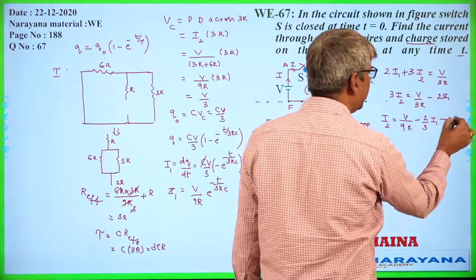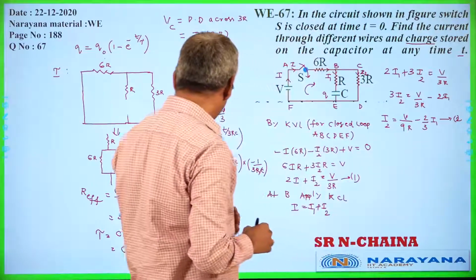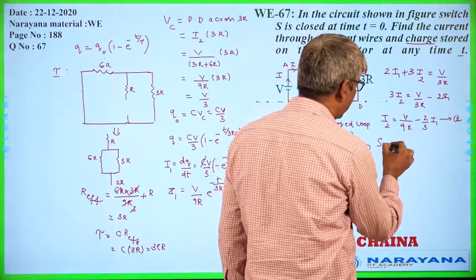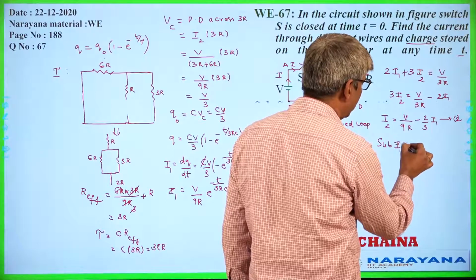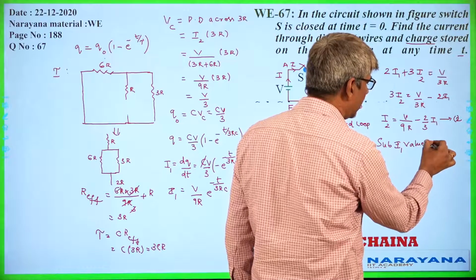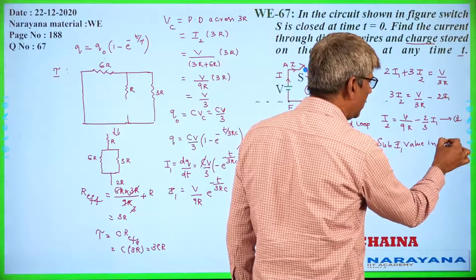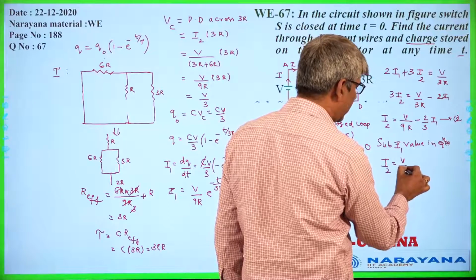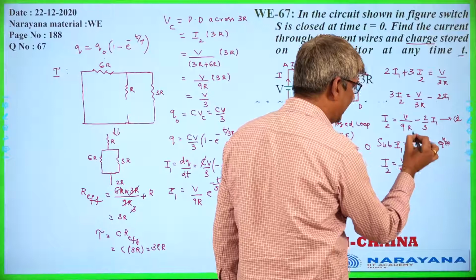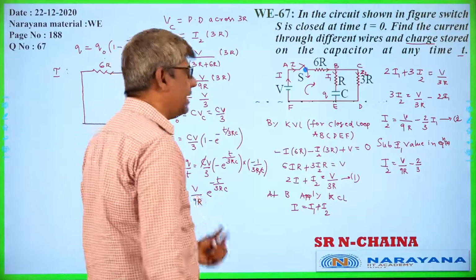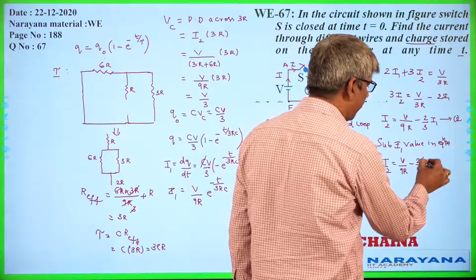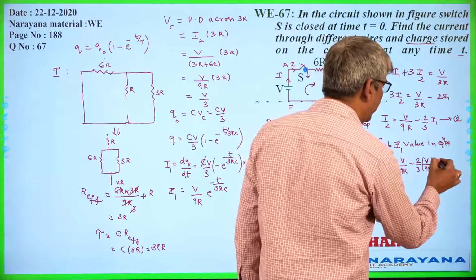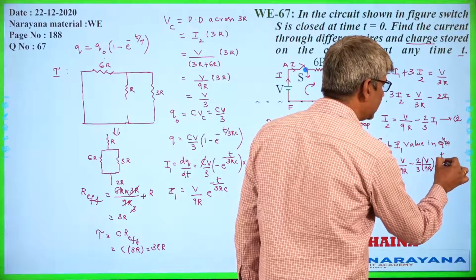In this, substituting the value of I1 we know into equation number 2, we get I2 is equal to V by 9R minus 2 by 3 into the value of I1, which is V by R e power minus t by 3RC.